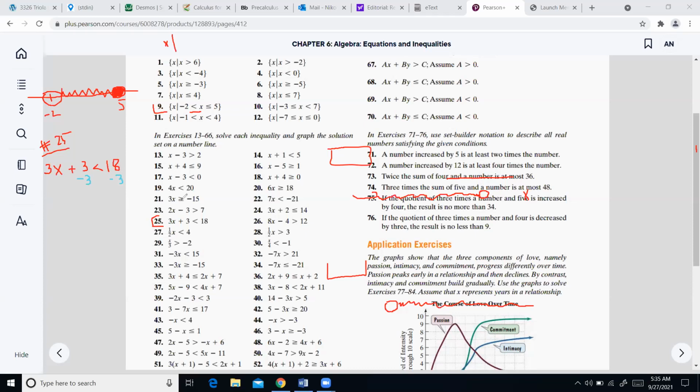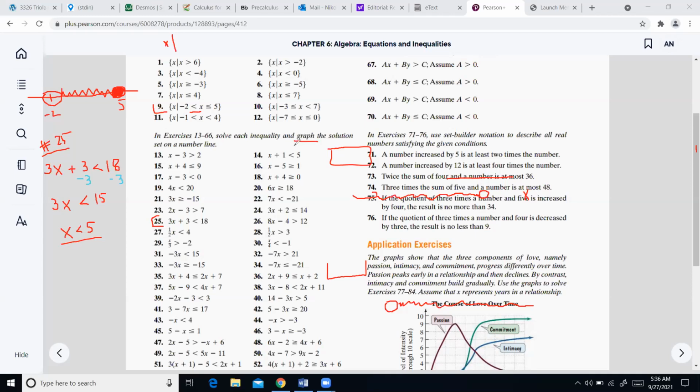That's the way we solved equations as well, right? So we're going to have 3x on the left, and this is smaller than number 15, right? And finally, divide by 3, so you're going to have x, which is smaller than 5. When you divide both sides of your inequality by the positive number 3, the inequality sign will stay the same.